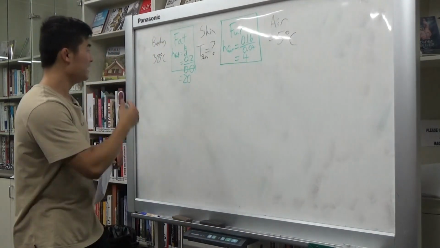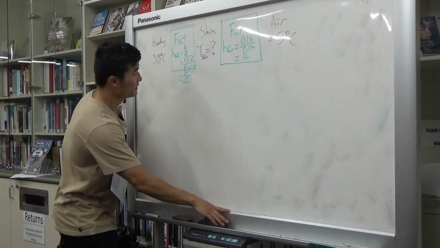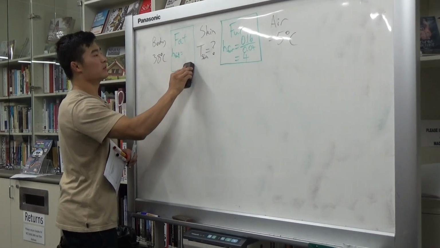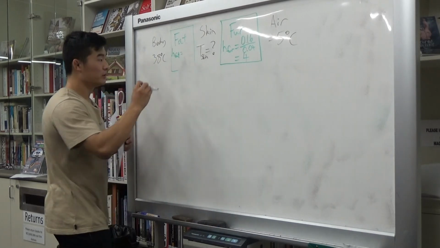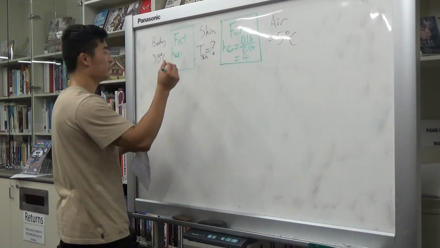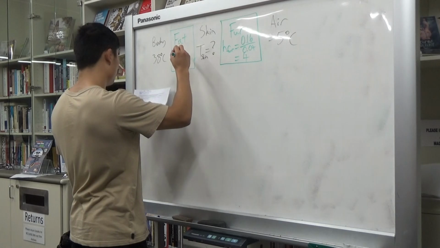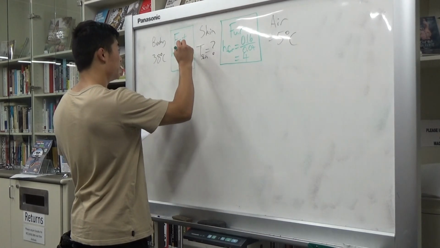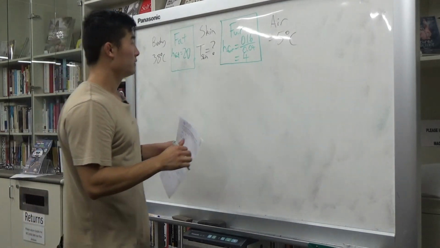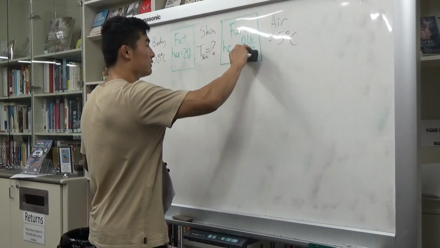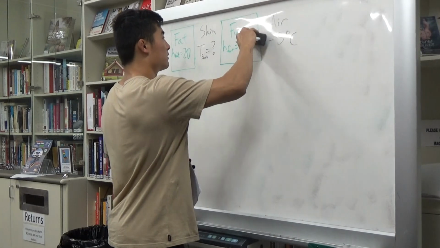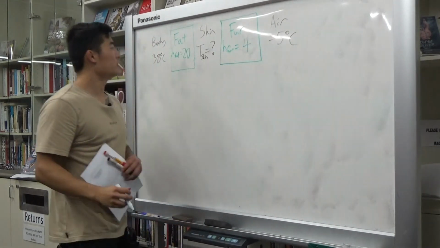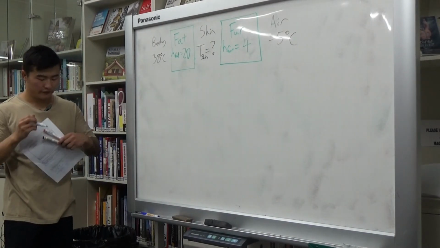Okay, so we know the H of fat and the H of fur, so I'm just going to tidy this up a bit. You calculate H by using K over D, so that was 20, and this is 4.